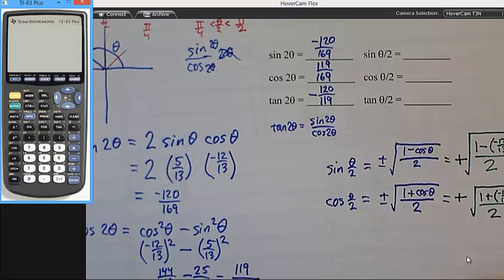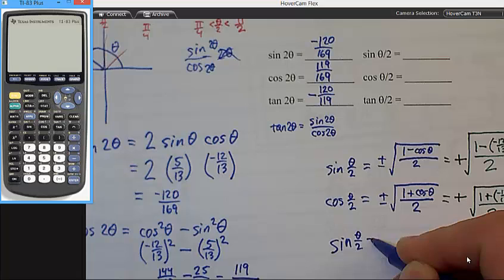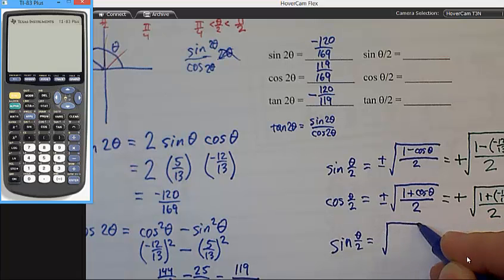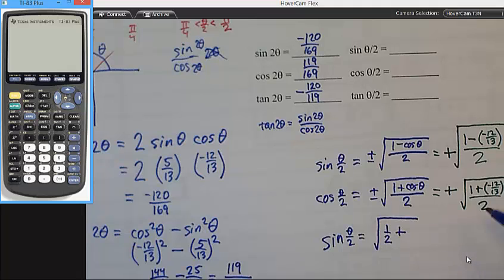Let's do it. Sine of theta over 2 equals the square root of, are you guys okay if I write it this way? 1/2 plus, and you see why it's plus? Okay. And then I have 12 thirteenths divided by 2. So maybe I write it as, I don't know.